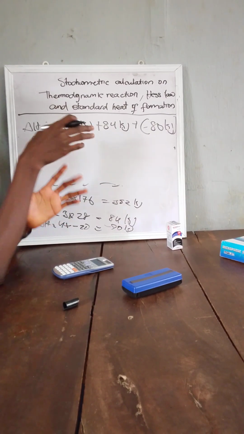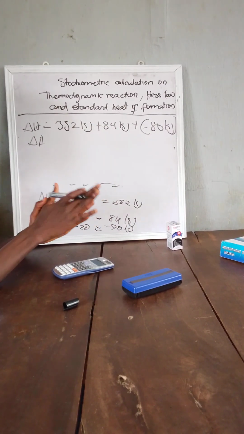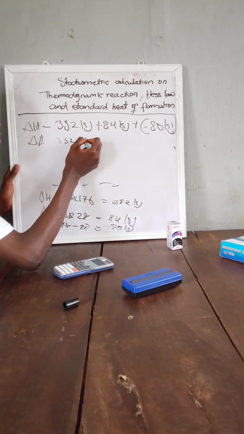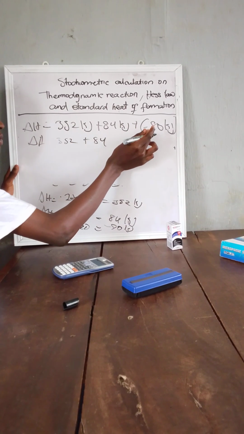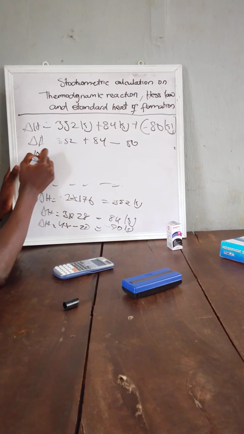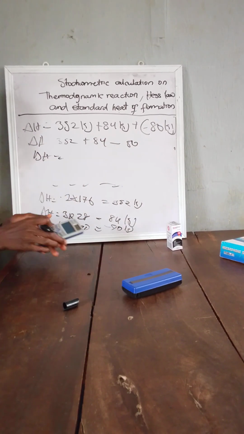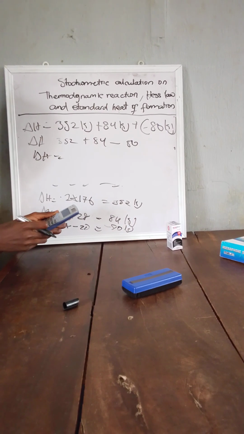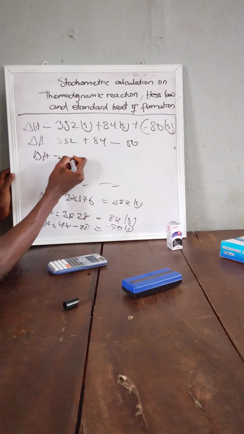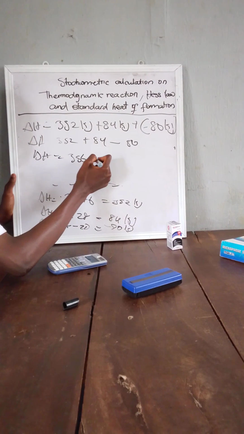As much as this particular concept is very simple, you can mix it up, so you have to break it down very well. So 352 plus 84, and this one times this one will be minus 80. So I'm going to have 356 kilojoules.